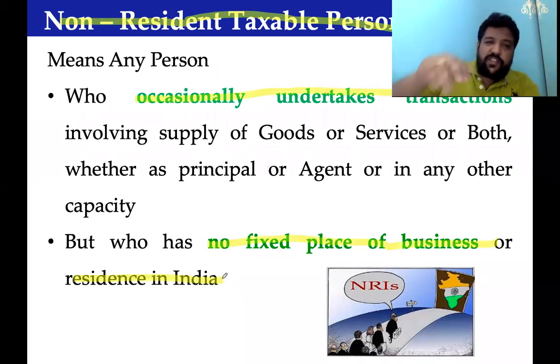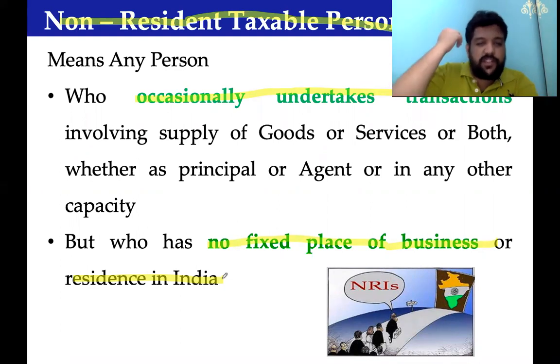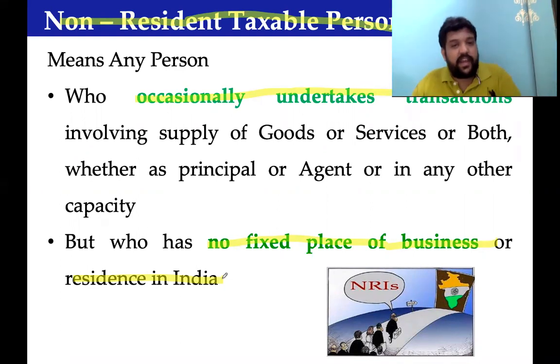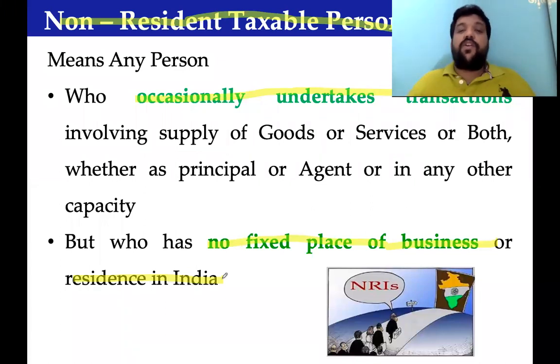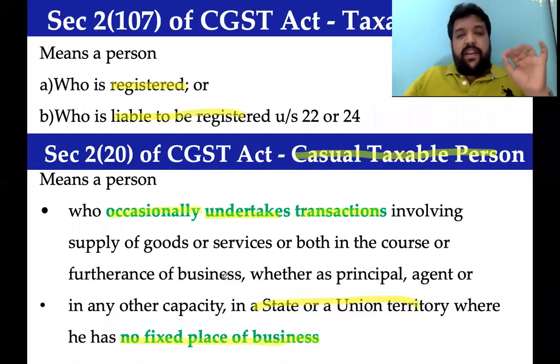If that person does not have a place of business or residence in India, then that person is called a non-resident taxable person. If that person has a place of residence in India, but in that state he does not have an office or a house, then he would be treated as a casual taxable person. Kindly make a note, all of these people have to get themselves registered and pay tax to the government.